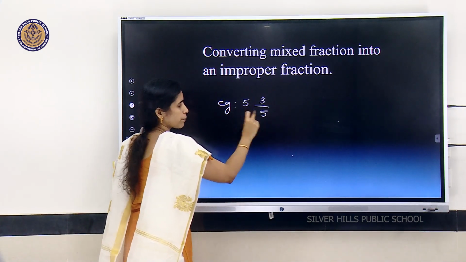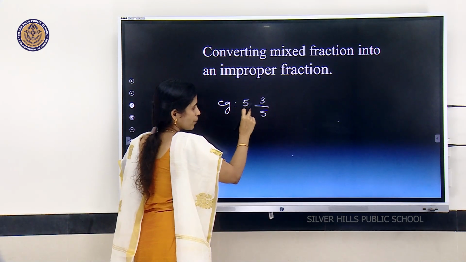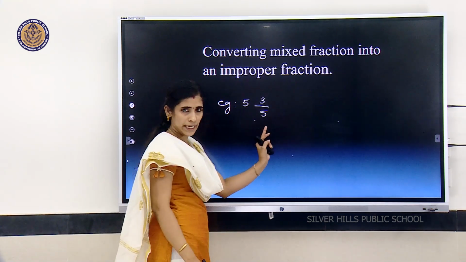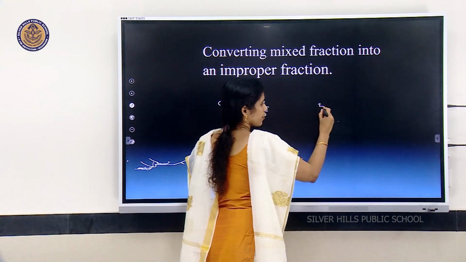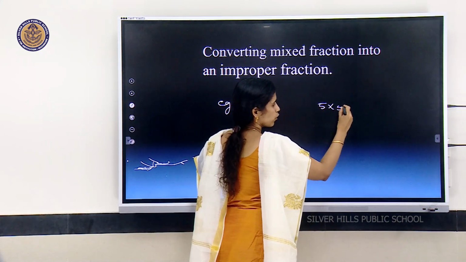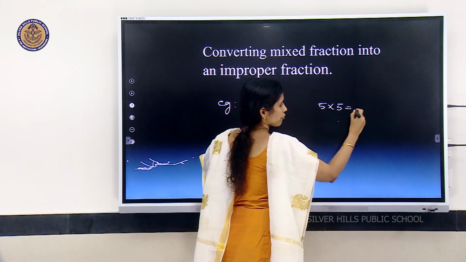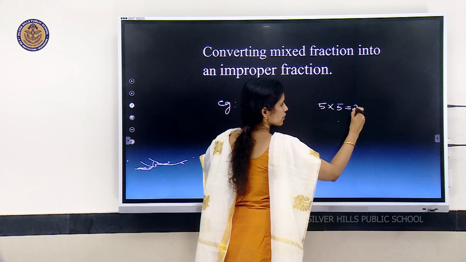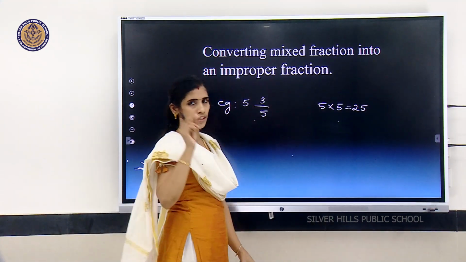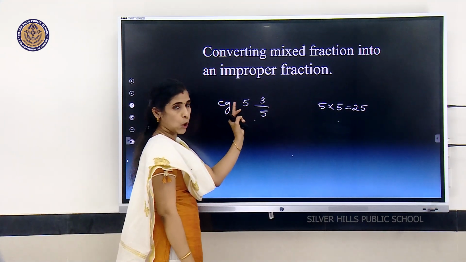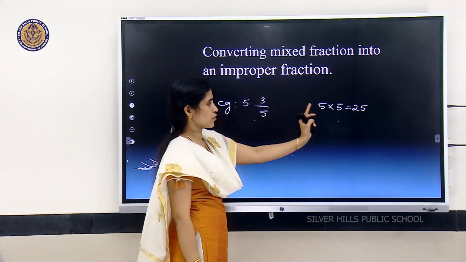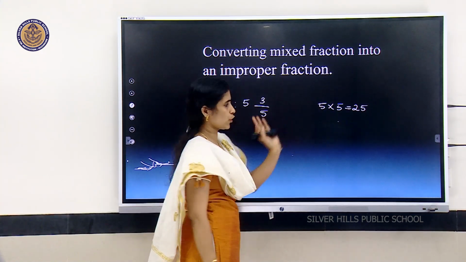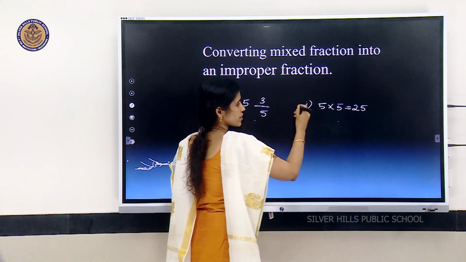First we multiply the whole number and the denominator, that is 5 into 5 is equal to 25. This is the first step.